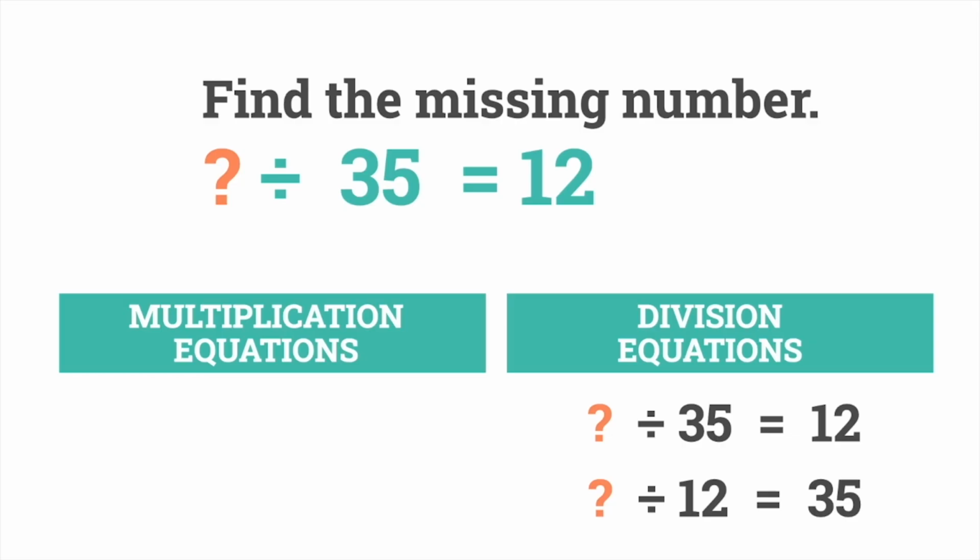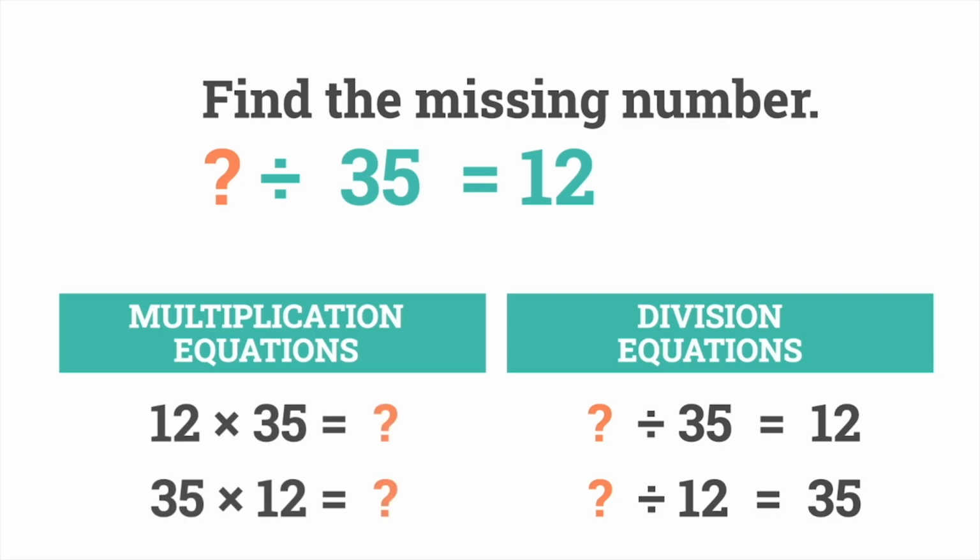So let's write the multiplication equations. Because of how a fact family works, we know that both 12 times 35 and 35 times 12 are equal to the missing number. Does this help us find our missing number? It sure does. We now know that if we multiply 12 and 35 together, we are going to find our missing number.